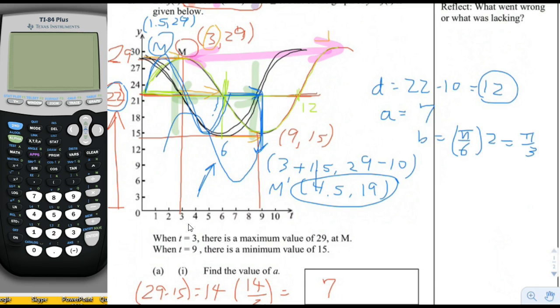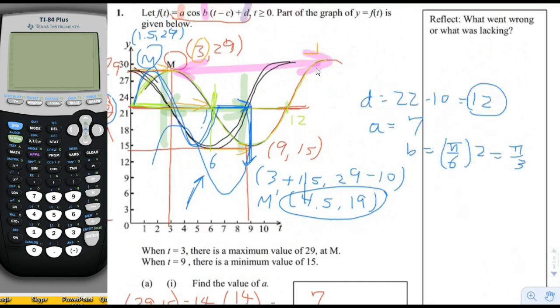The only thing we don't have now is C. Now, you have to use the fact that this point M that they asked us to find the transformation for before is actually a very special point on the cosine wave, because you can see that it's the maximum point, right? And you can see also that the coordinate of M is 3 comma 29. Remember that the original horizontal translation was 3, right? So the M coordinate was originally at the x equals 0 point, and it's moved over 3, right?